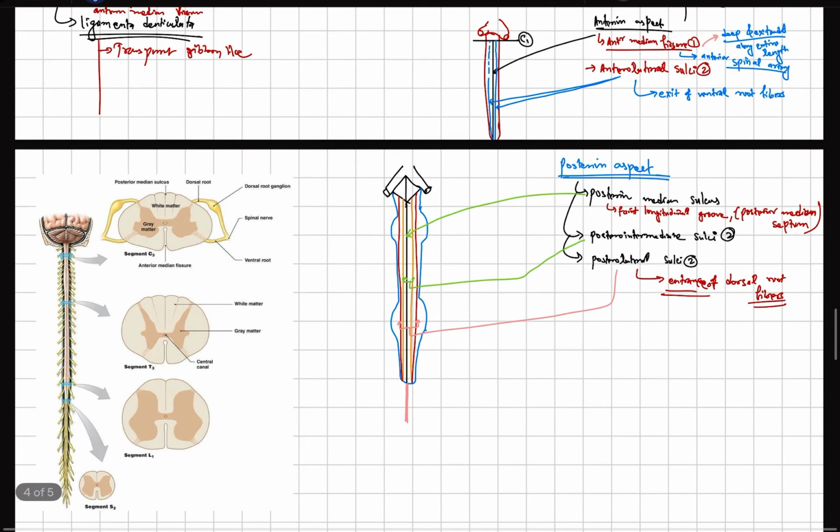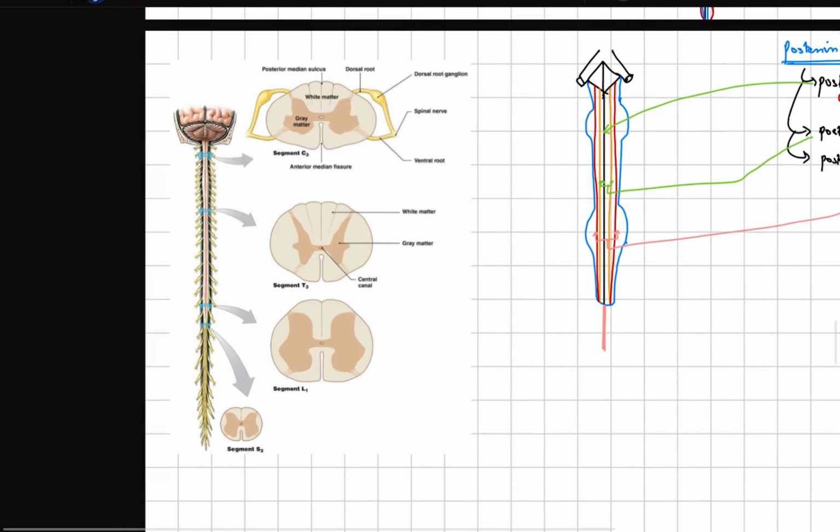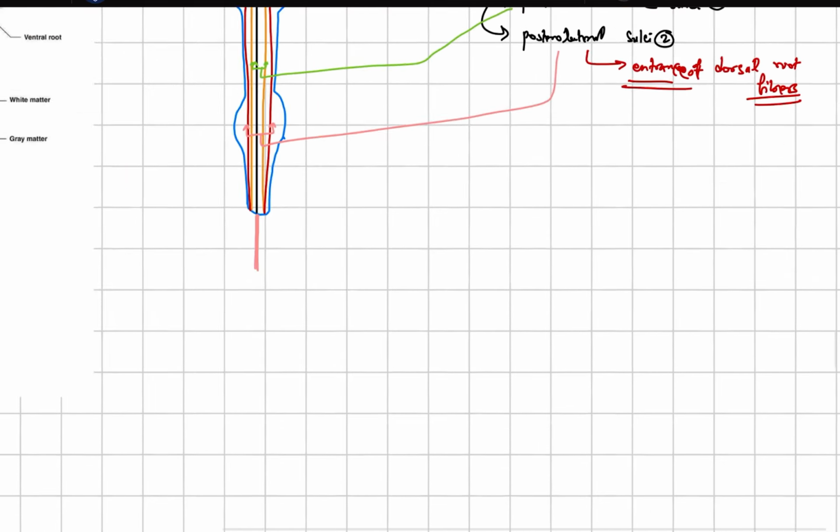It is all regarding fissures and sulci. Now we are moving on to the attachment of the spinal nerves. We have discussed it initially, but again we are going to discuss the attachment of the spinal nerves.